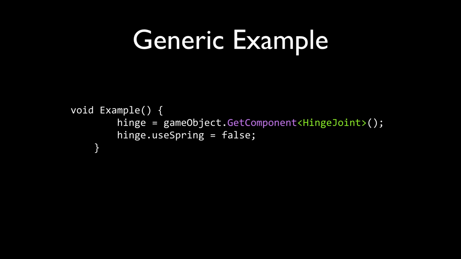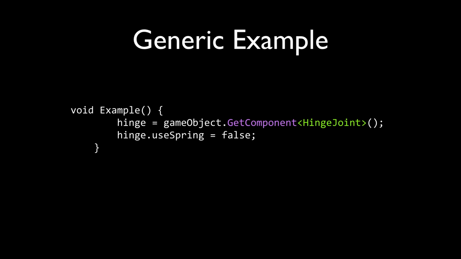So we're getting a type is the key takeaway here. So that little set of text there in green, that's the generic. So anytime you see those angle brackets, a type goes there, not an index. And you're going to see that a lot. Again, we're going to use getComponent repeatedly and often. It's one of the more powerful and useful calls that you can make on a game object.